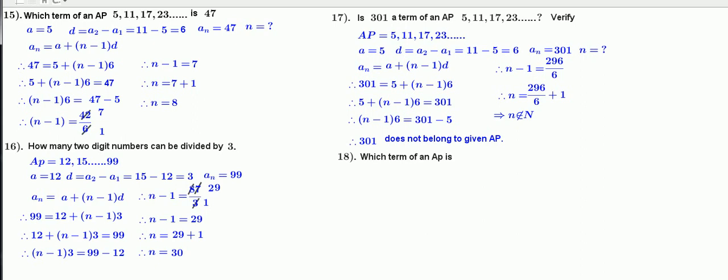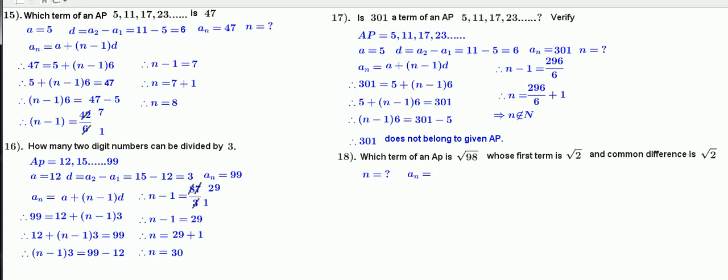Problem number 18. Which term of an AP is root of 98, whose first term is root 2 and common difference is root 2? According to the problem, we have to calculate the number of terms n.